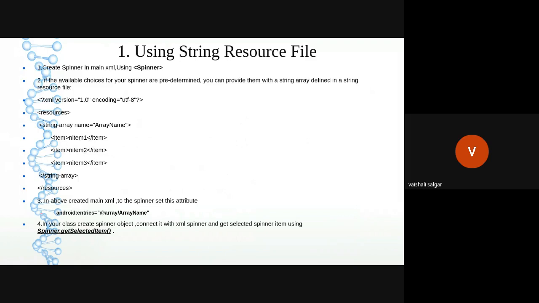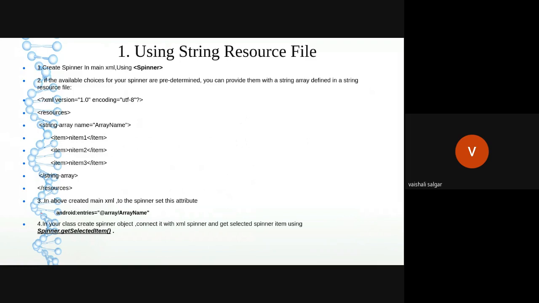For each value you have to enclose that value using the item tag in the XML file. Over here I have added 3 items using the item tag, inside the string array name. In this way, I want to add these 3 values, or this list of values, to the spinner, and it should display with the specific spinner.